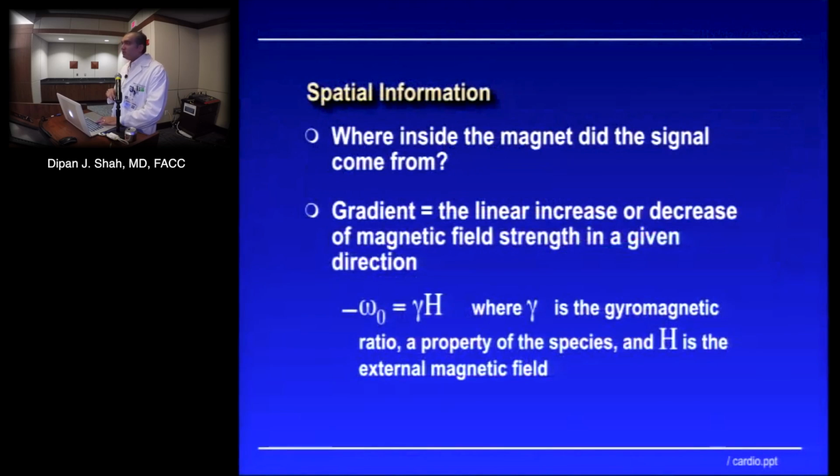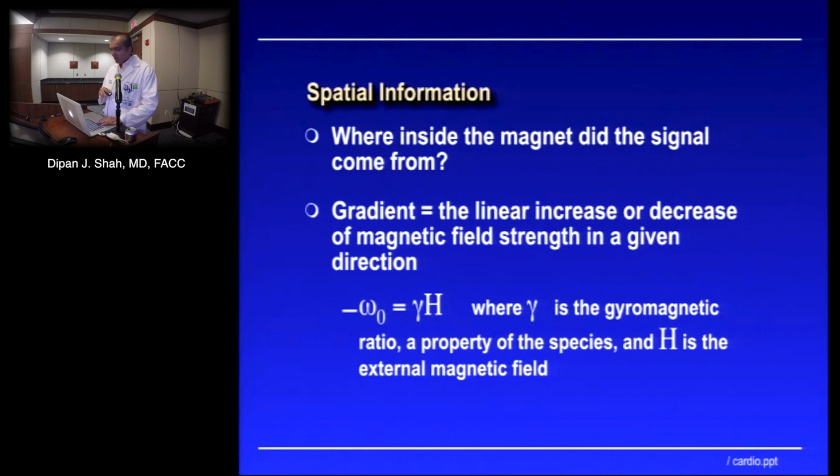And then the next two encoding steps are from a second and a third gradient that's applied, and that's a gradient in the read or frequency direction and a gradient in the phase direction. These two get a little bit more complicated, and I don't want to get too much into the weeds.